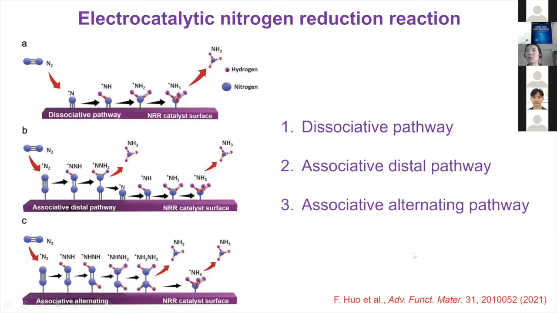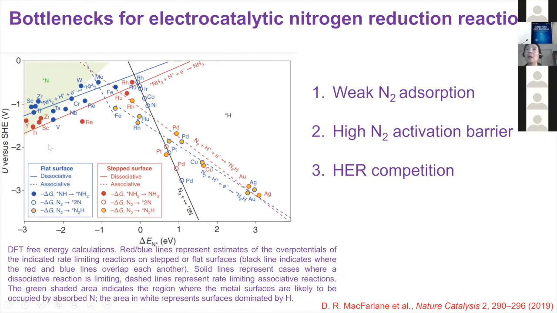The nitrogen reduction process has a few limitations. Of course, the current research in this area has low efficiency and low yield. If you look at this kind of process map, you can see that the majority of the region is hydrogen evolution.